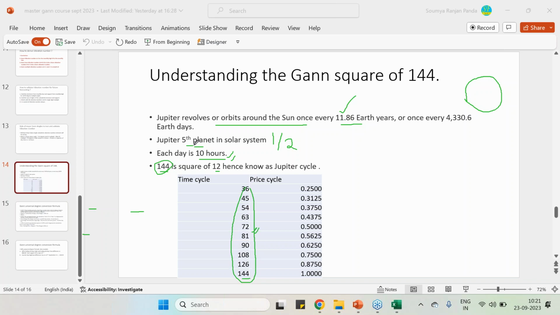So you need to derive a time cycle, 10 numbers, by reciprocating with half and half. That I will show in Excel. This is how the square of 144 evolved. Then with the square of 144, what can we do?